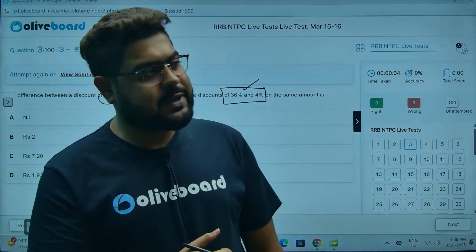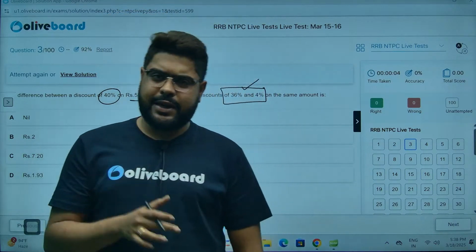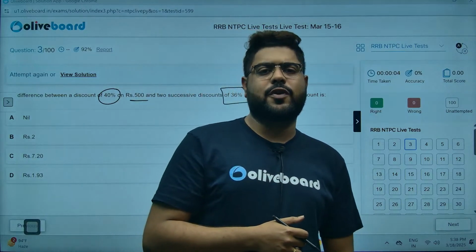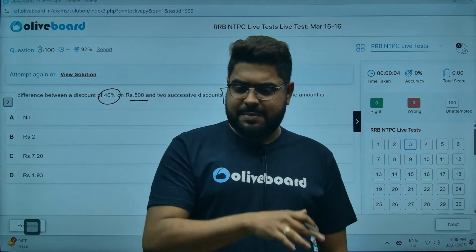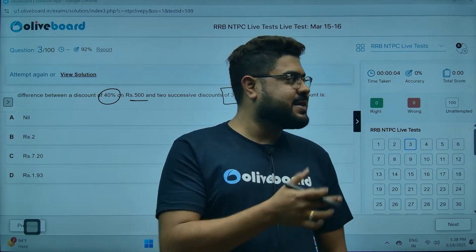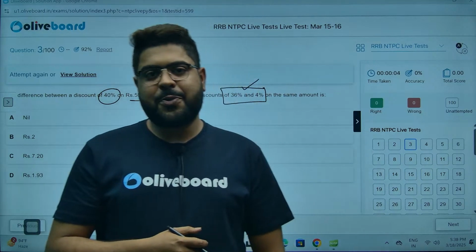Actually, what happened is this is a new studio, absolutely new. I've just started taking classes in this studio from today onwards. This used to be my old studio, but the setup is completely new.